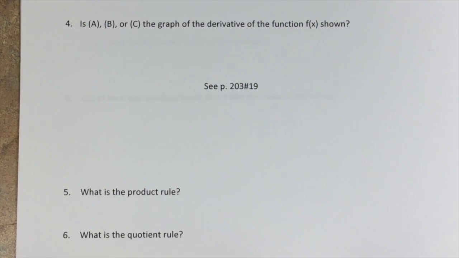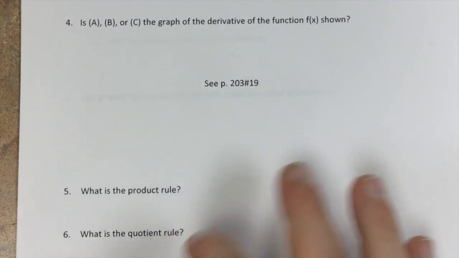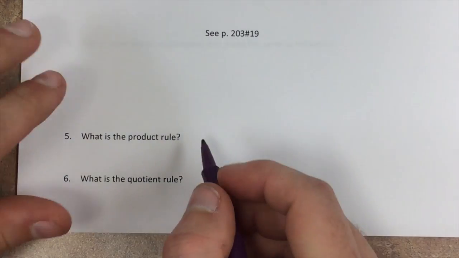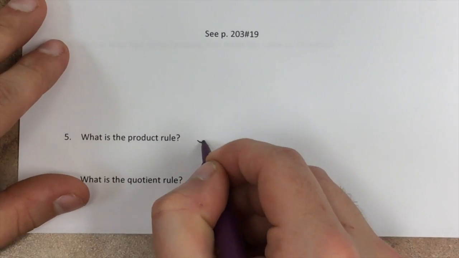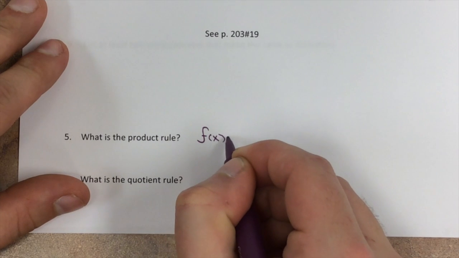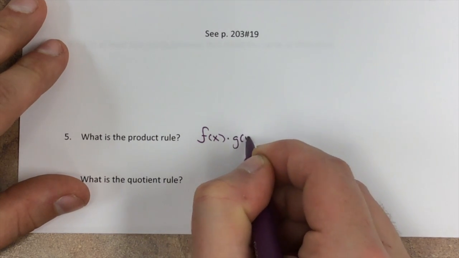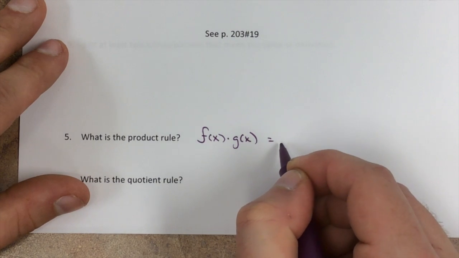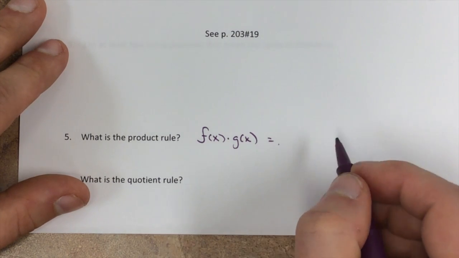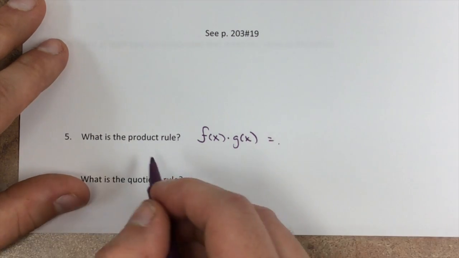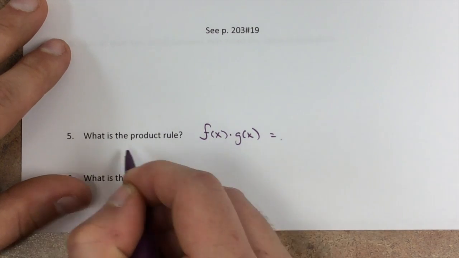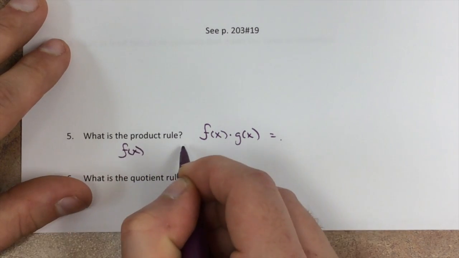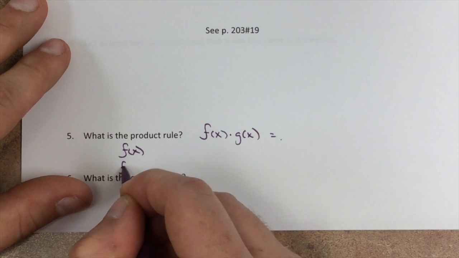Next up, besides the power rule, we also have the product rule and the quotient rule. And how do we remember these? Well, the product rule is if we're multiplying two different functions, then the derivative will be: take the derivative of the first, f of x, derivative of that is f prime of x.